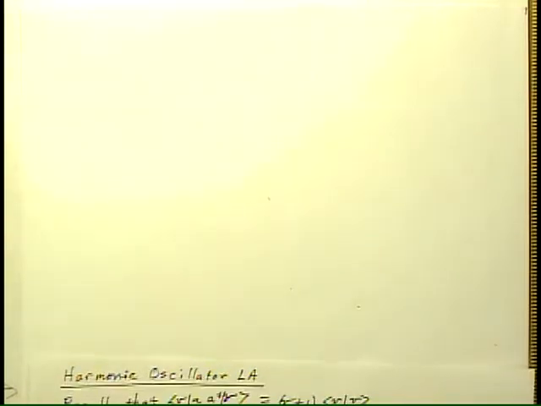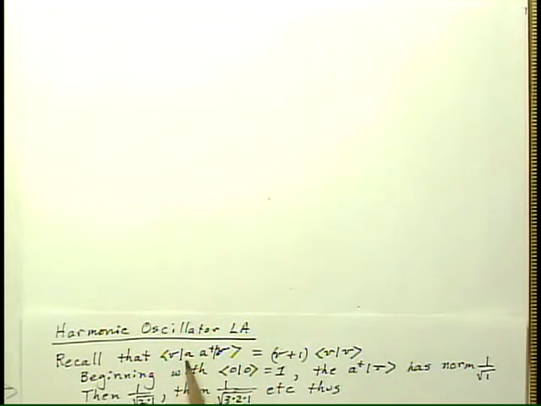Let's now work on the normalization of these vectors. Now we recall that nu, A dagger nu, was equal to nu plus 1, nu nu. Well, let's begin and assume that our first vector, 0, the lowest possible eigenvector of capital N, is already normalized with a normalization equal to 1, so that 0, 0 projected on itself is 1.